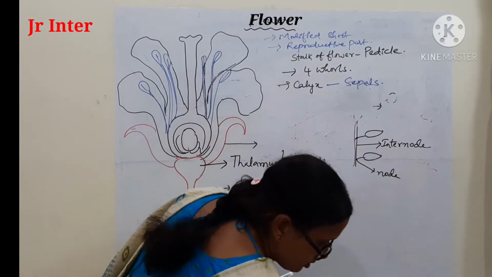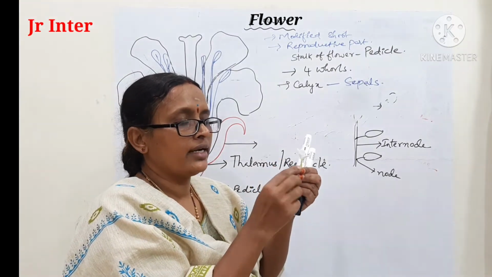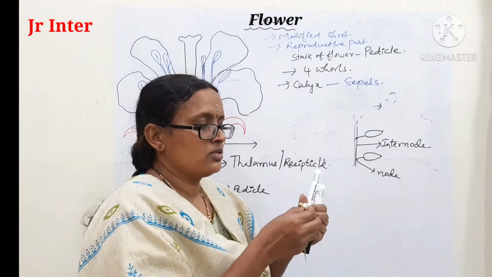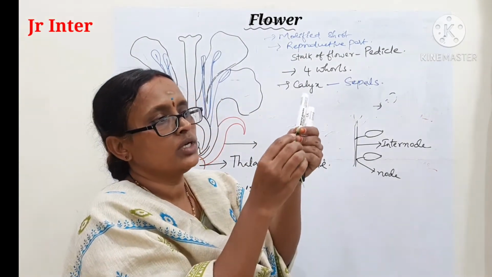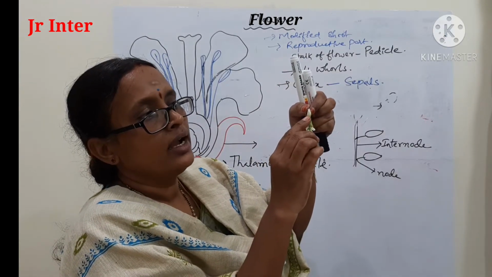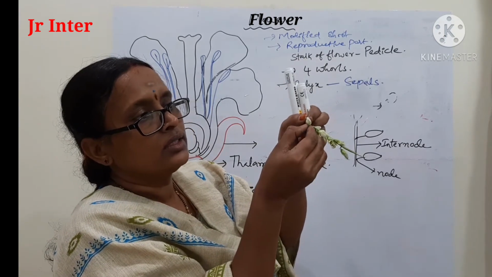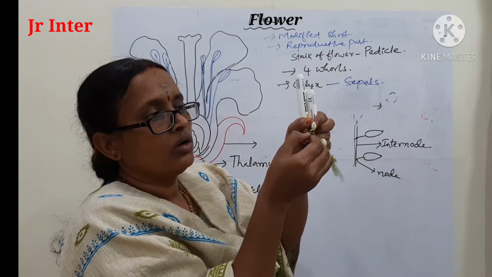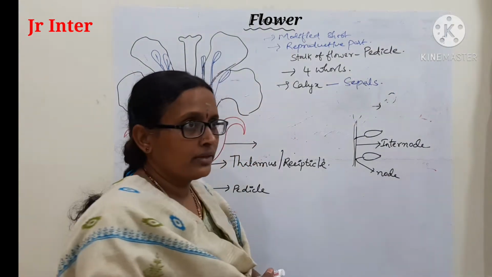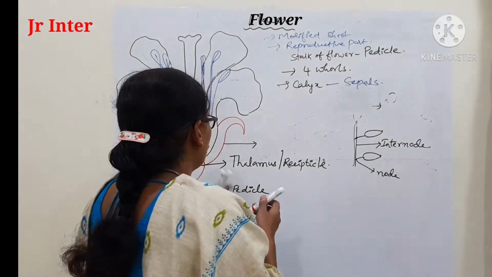If you take this flower, it is attached to the stem with the help of a small stalk called the pedicel, and below the white color there are 5 of these structures, known as sepals. In the hibiscus plant, the green structures are the calyx.